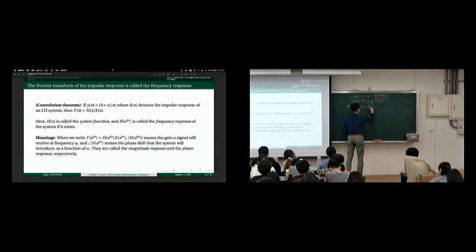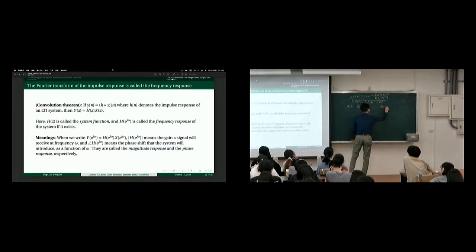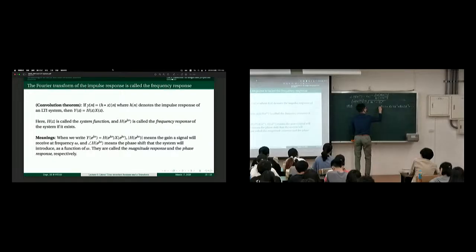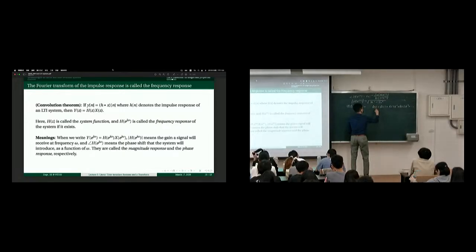H of z is a summation: H0 plus H1 z to the minus 1, plus H2 z to the minus 2, and so on, as well as H minus 1 z, H minus 2 z squared, and so on.